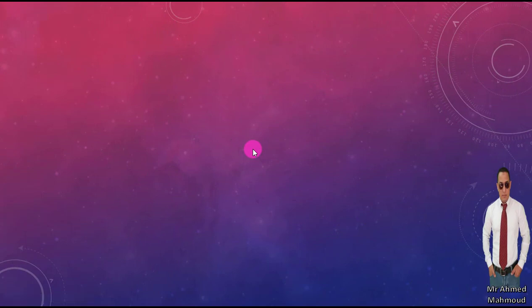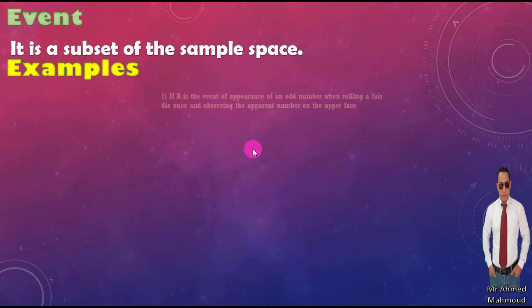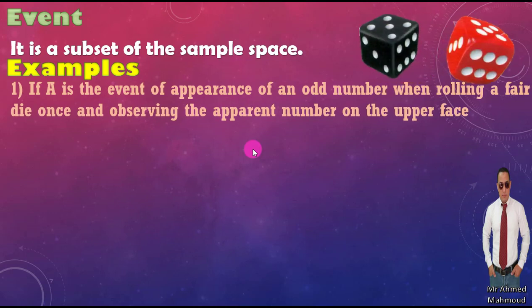Now we have to study a new concept called the event. What is the event? The event is a subset of a sample space. For example, if A is an event of appearance of an odd number when rolling a fair die once and observing the appearance on the upper face.